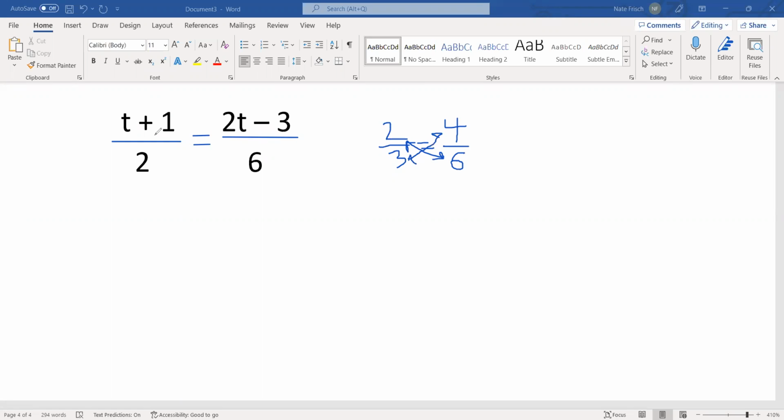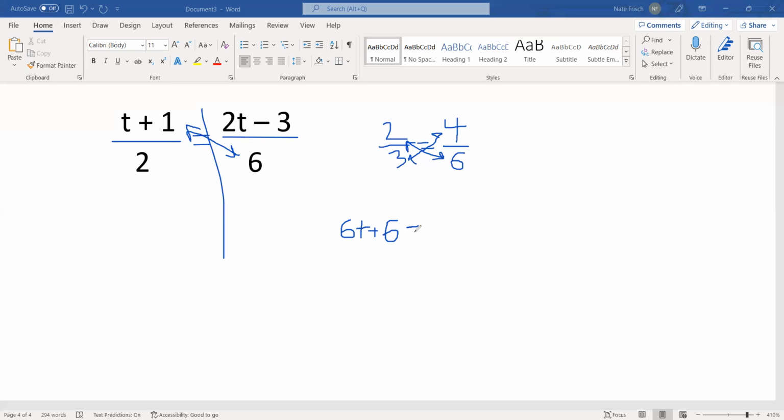Now we can do the same thing with this. It's not going to be quite as simple because they've got bigger numbers or bigger values, but I can still do the same thing. I can do this times this, which should be, so 6 times t plus 1. So I distribute that to both, not just one. So I could multiply those together and get 6t plus 6.